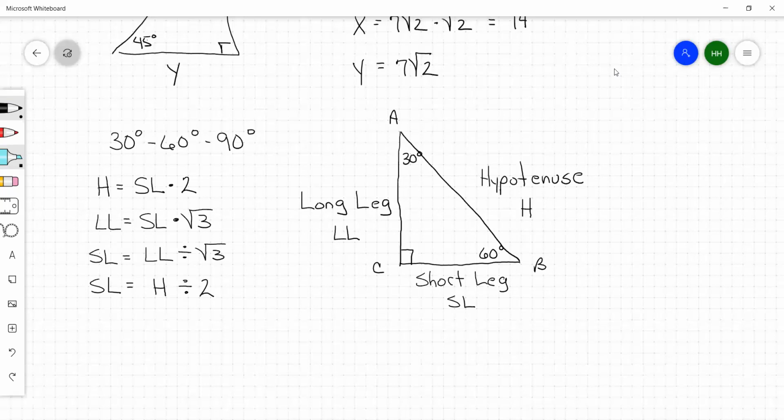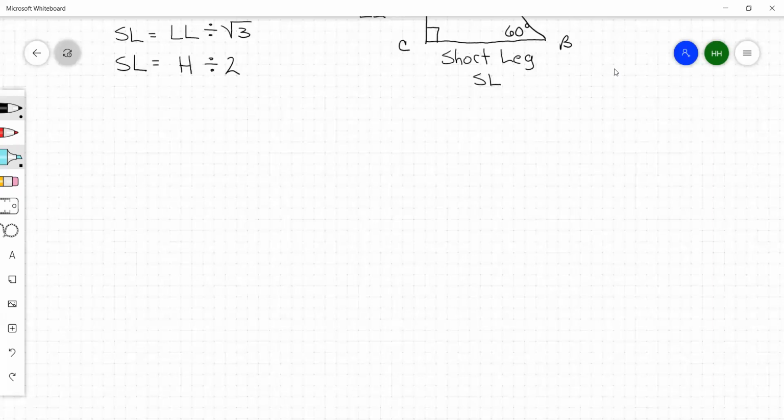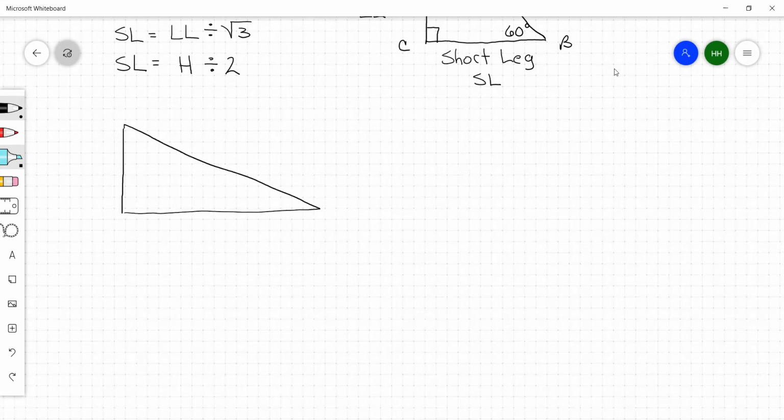All right, so let's do some practice with these or with this rule. So here's our triangle. And here's our 30. Here's side X. We're going to call that, here's the hypotenuse.